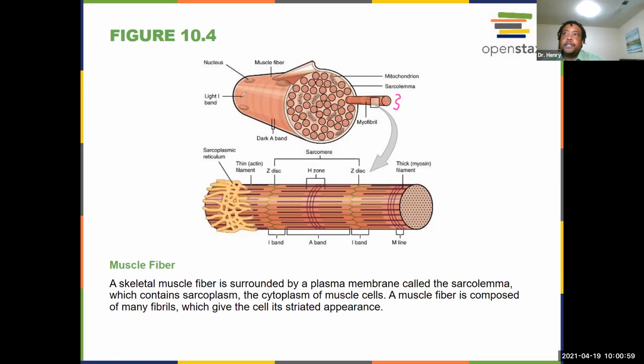This muscle fiber here is kind of representing a cell, essentially, right? So you have your mitochondria, you have the sarcomere. This is basically your plasma membrane.